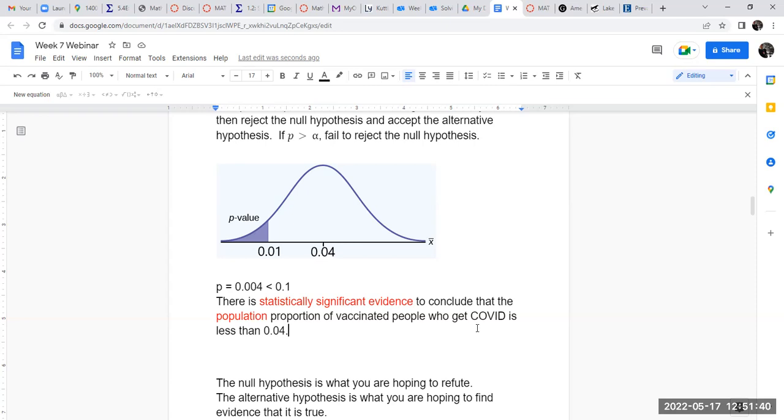Hey, when you say 10% or 12%, are we measuring the difference between the mean and the p-value? No, when I said the p-value was 12%, that's the area under this curve here. Wait, so that means kids that took the vaccine, 12% of them got COVID? No, it doesn't mean that.